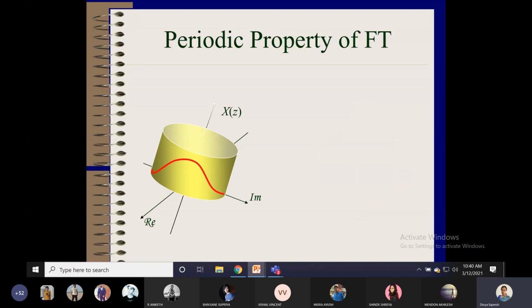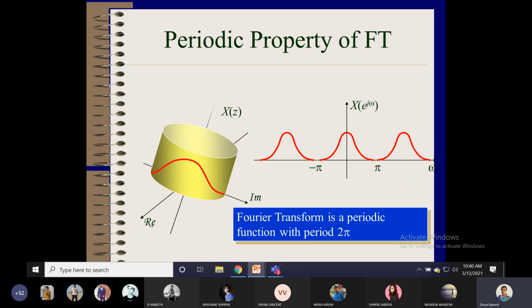The Fourier transform is a periodic function with a period of 2 pi. You require this understanding to evaluate the frequency response of the system from its transfer function, because at the unit circle, when you find the z transform, it will give you the Fourier transform of the signal indirectly.